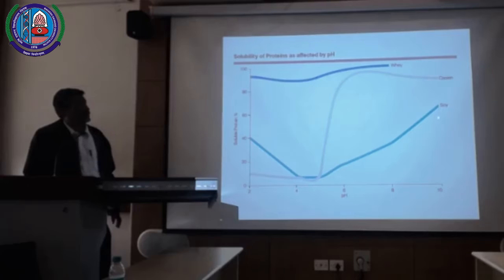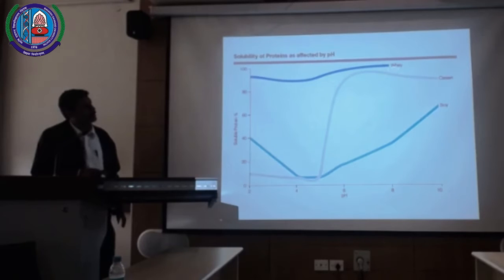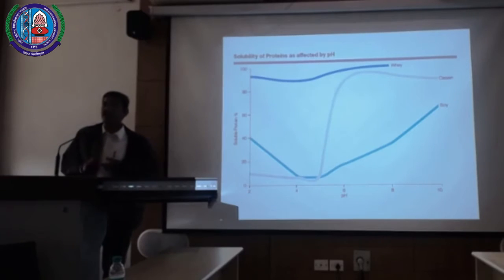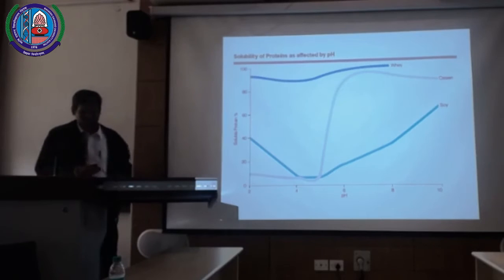In comparison, soy is least soluble in this PI range. Compared to soy and other proteins, whey protein is completely soluble, which means you can dissolve it and formulate a product that is acidic, alkaline, or neutral. Whey protein stands out. That's the idea.